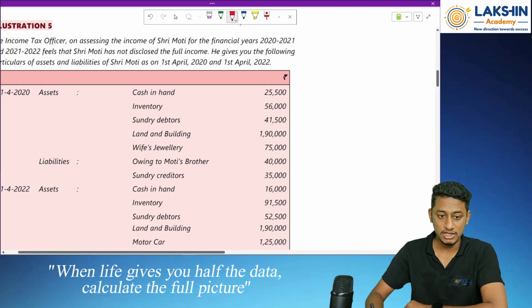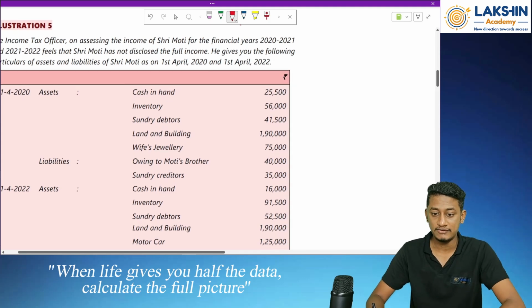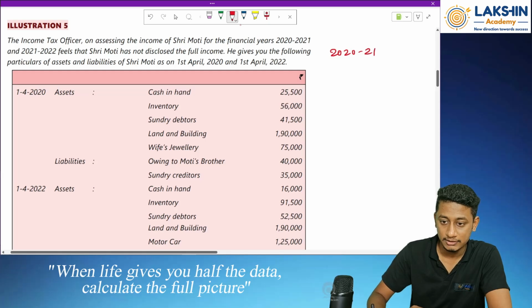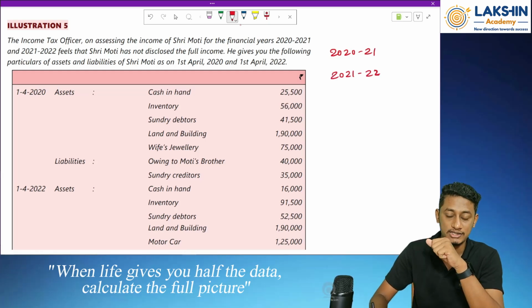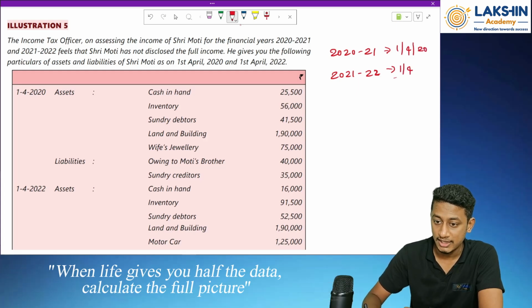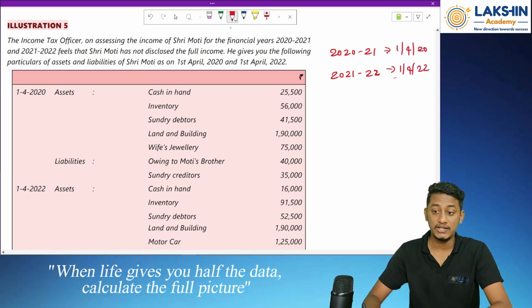As per the question, the financial years that we need to assess are 2021 and 2021-22, right? But what dates are given to us? They have given us 1st April 20 and they have given us 1st April 22.